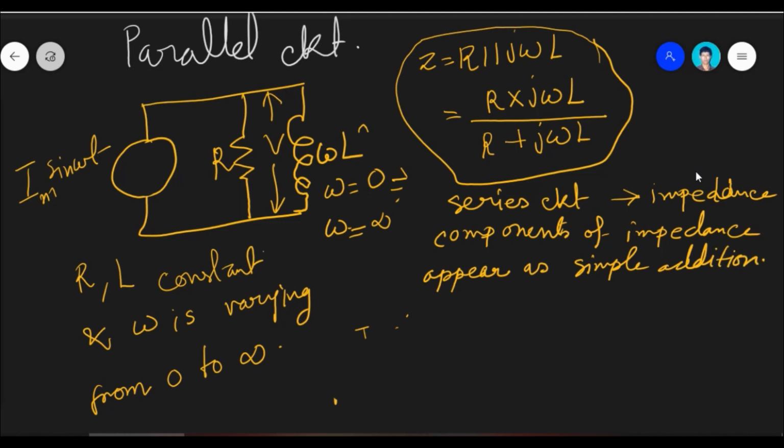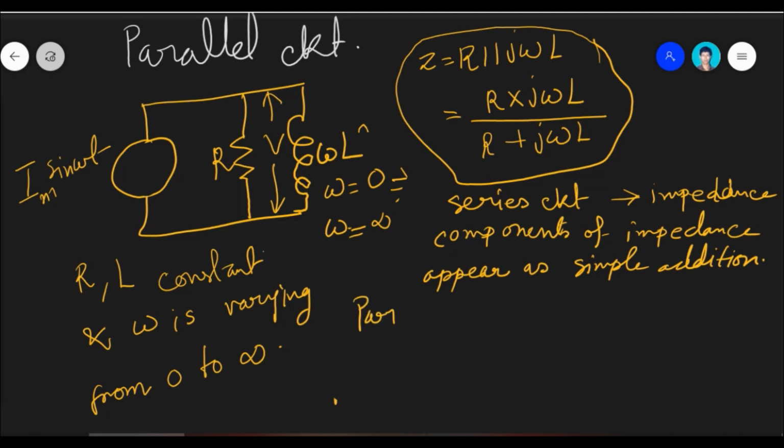But in a parallel circuit, the components of impedance make things difficult and it is not easy to manipulate. But if we take the help of admittance in a parallel circuit, what will happen?